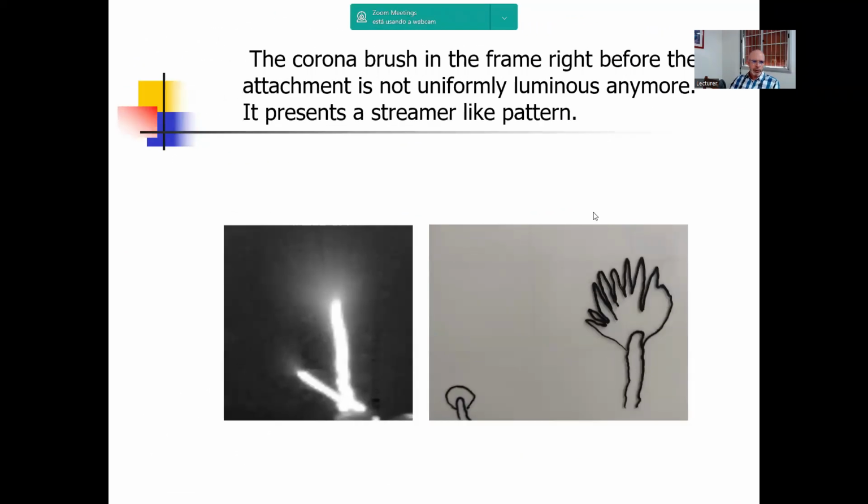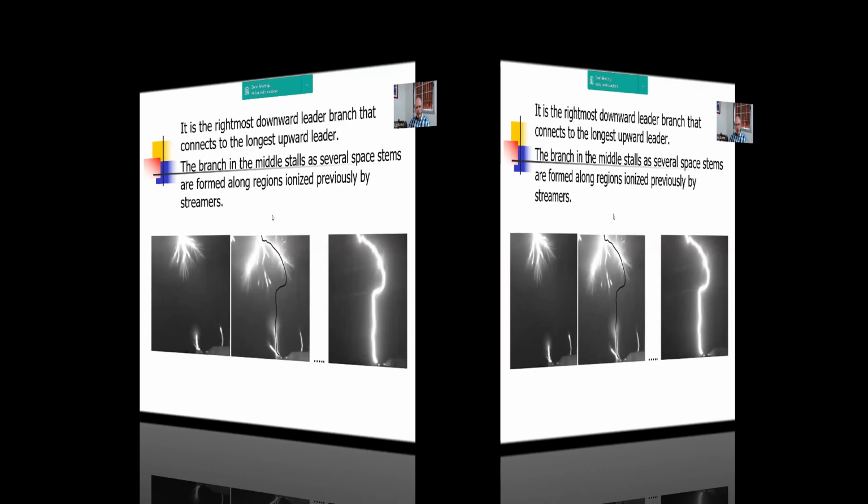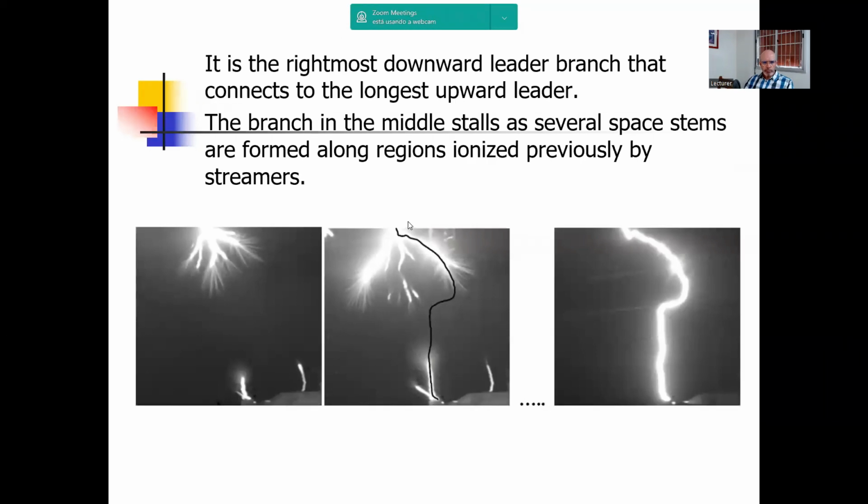The corona brush is in the frame right before the attachment. As also mentioned, it is not uniform, but presents a streamer-like pattern. As you saw in one of the videos, it was the rightmost downward leader branch that connects to the longest upward leader.